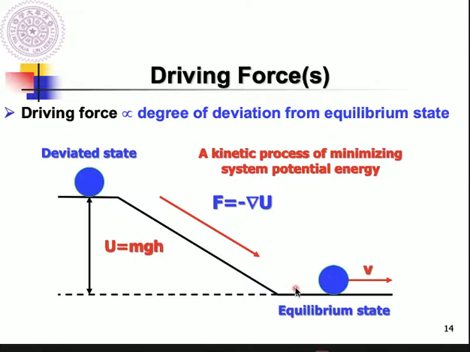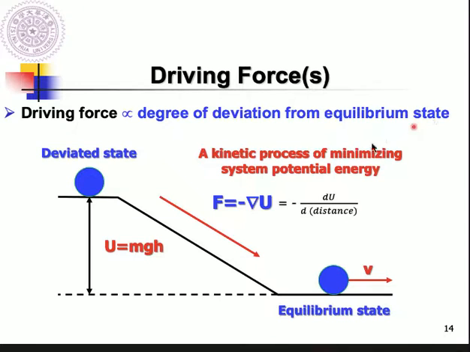If I push the blue ball to this height, which is higher than this, right? So this blue ball is going to have a higher potential energy. So when I release this blue ball, the driving force is much larger than this one. So this means the driving force is proportional to the degree of deviation from the equilibrium state.